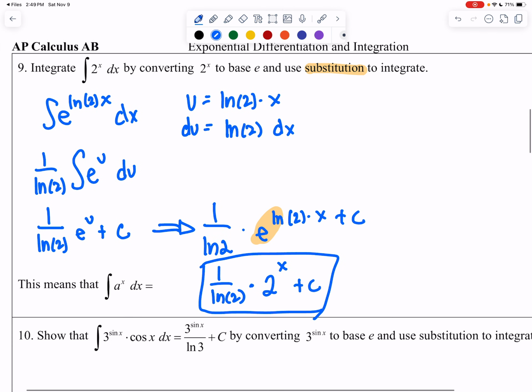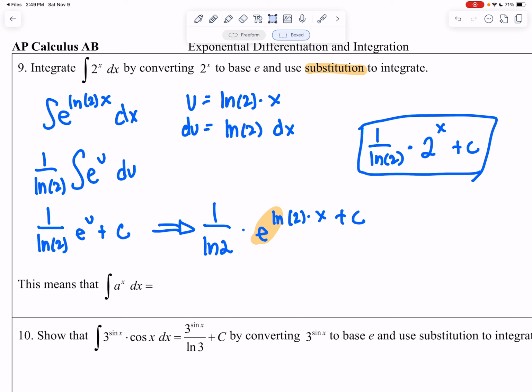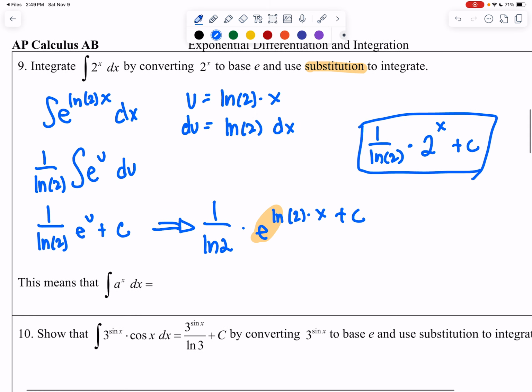Interesting. So this tells us that if I wanted to take the integral of, let's say, a to the x, I'm going to have 1 over ln of a, whatever my base is, times a to the x plus c. And that's going to be my little formula that you'll need to remember.